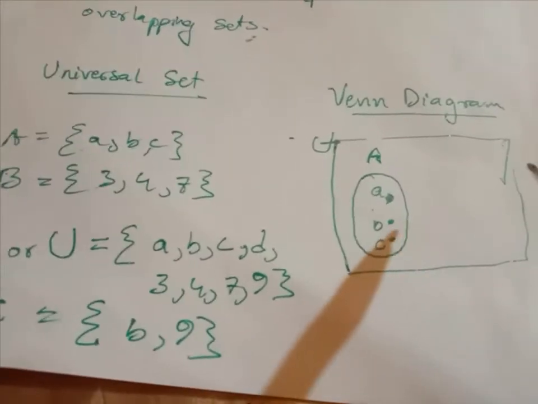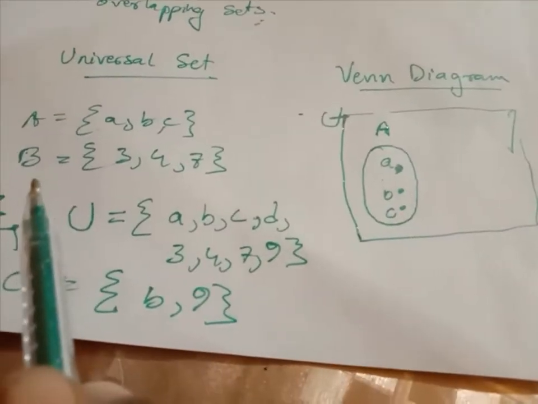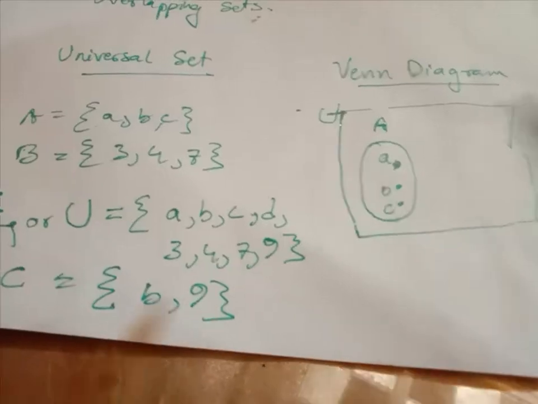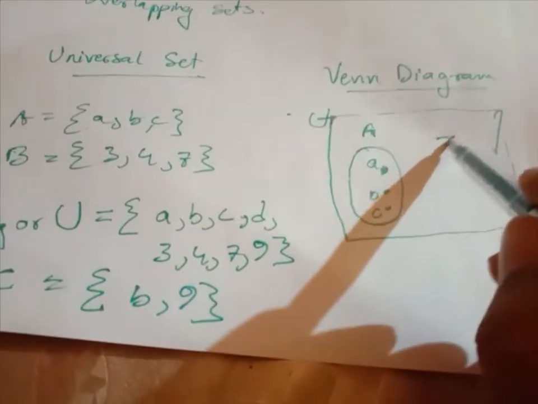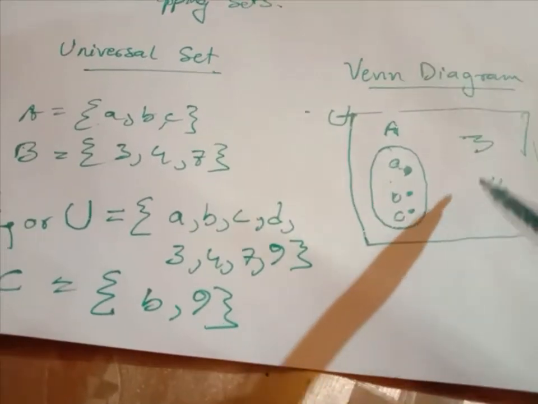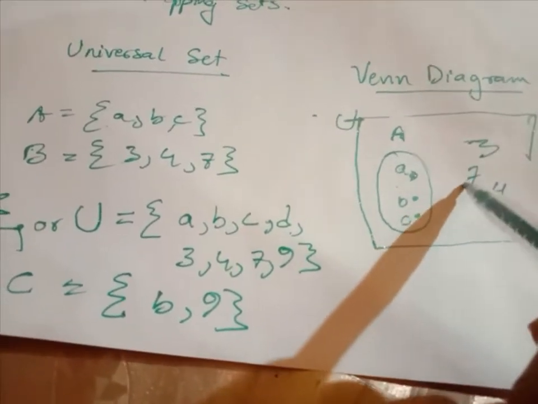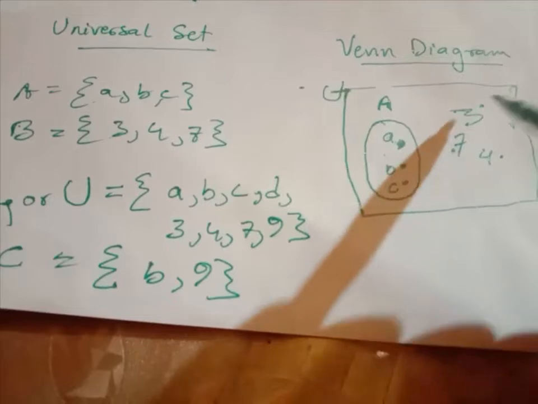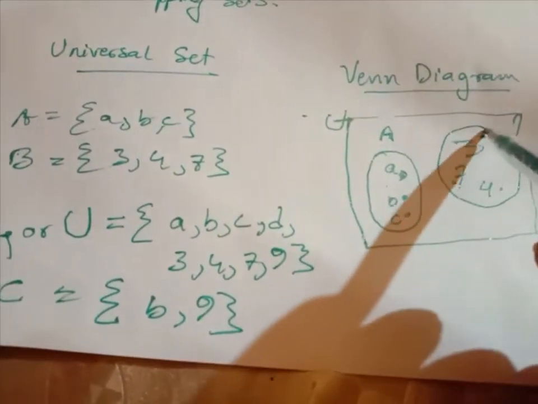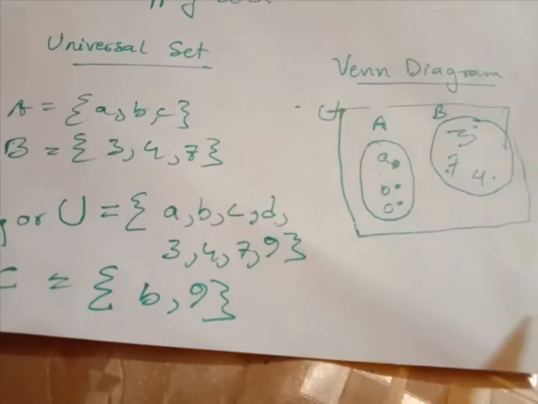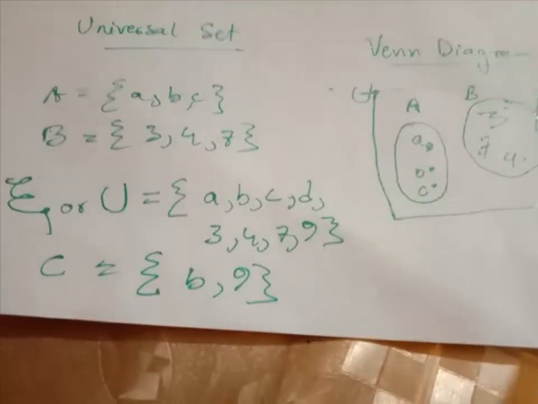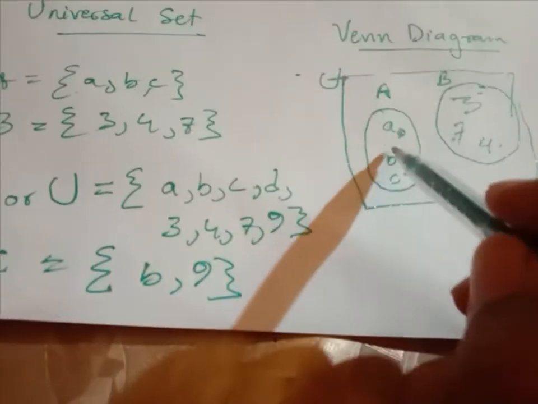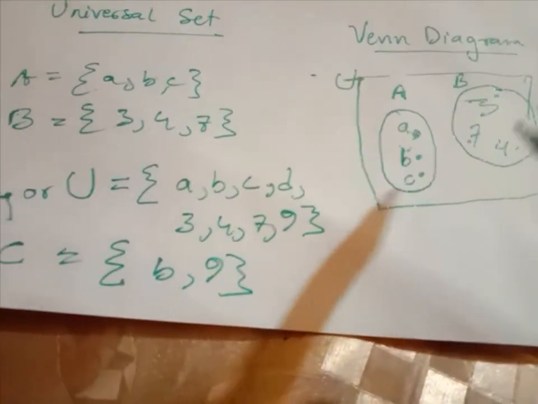Now set B will be represented like this: 3, 4 and 7. Let us say this is 7, this is 3, this is 4. If I make a circle around this, this is set B. Now set C contains the element B and the element 9.